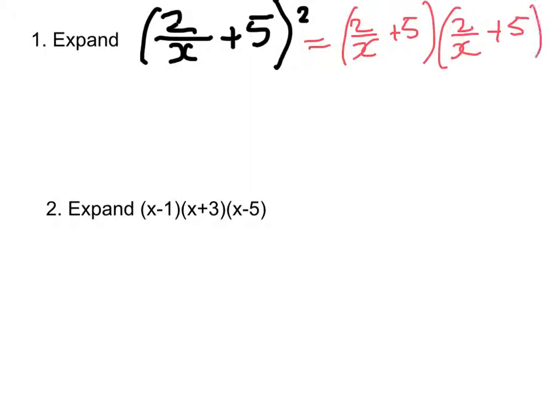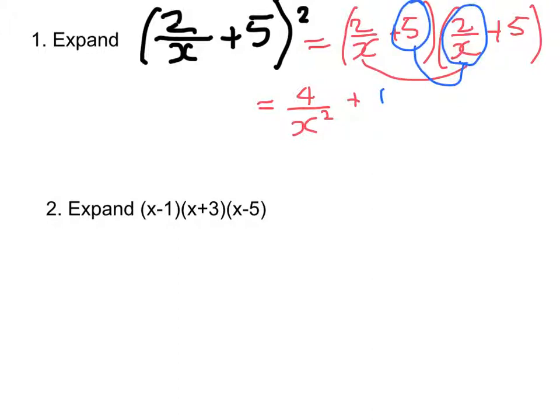Okay, so off we go, just the same as any easy quadratic. You may have a slightly different system to me, but I'll do 4 over x squared plus, now I've got 10 over x there, and then I've got another one of those coming from this term and this one, so plus 10 over x there, and finally plus 25.